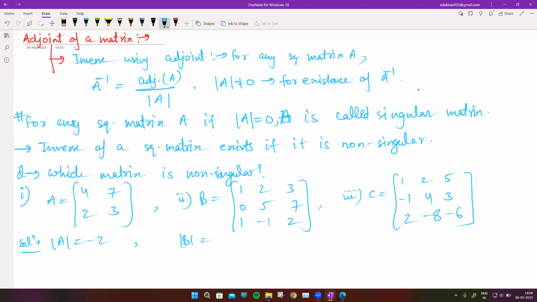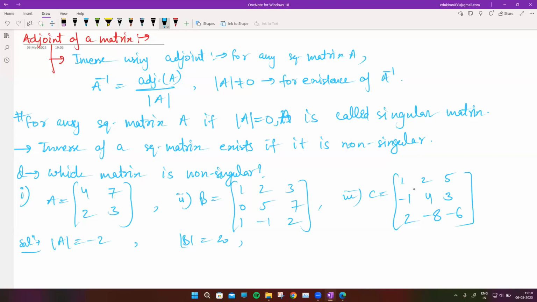Austin, what did you get? Is it singular or non-singular? I got non-singular. Okay. What's the value of the determinant? 20. Okay. Is it correct?